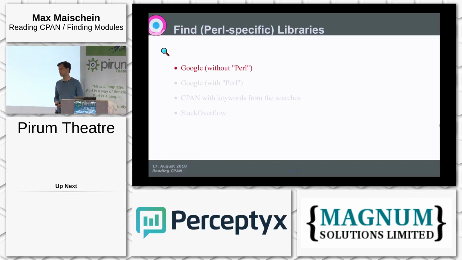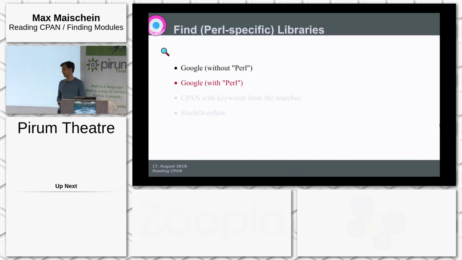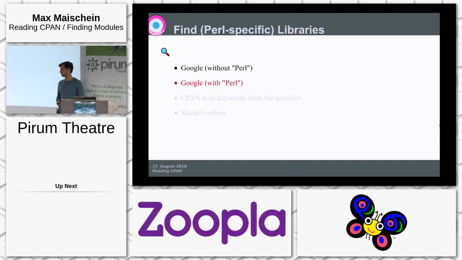Usually I try first to Google the search terms of the domain without Perl, and then again with Perl, and hopefully something turns up. Maybe it is a library that is recommended or railed against, or at least maybe some new keywords that I did miss before, so I have something more to work with.